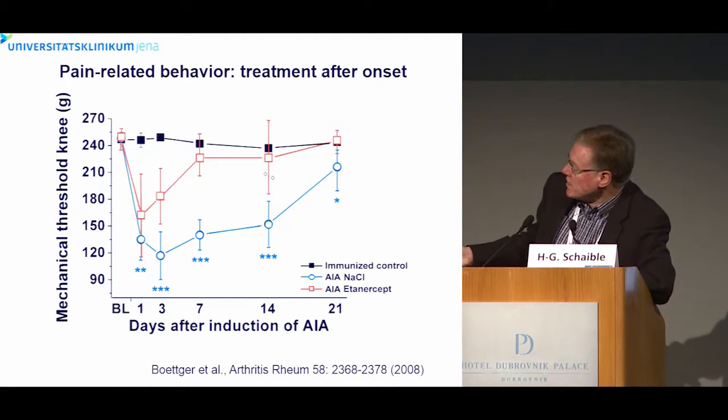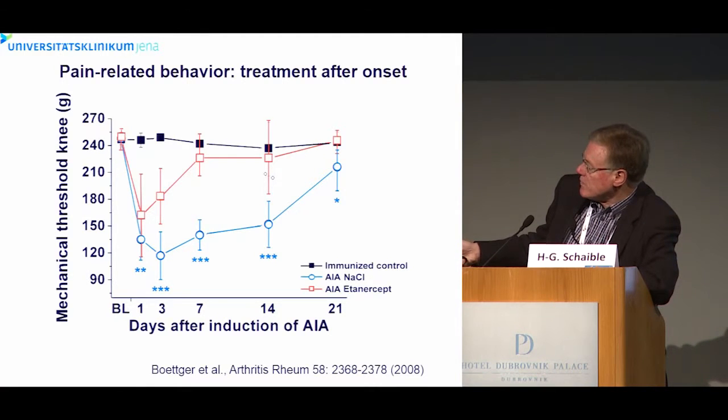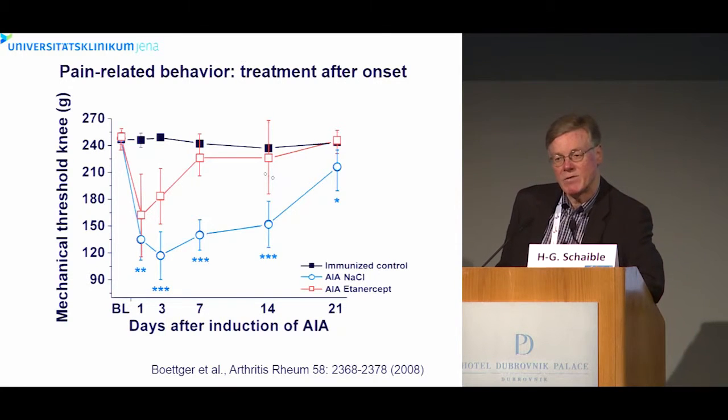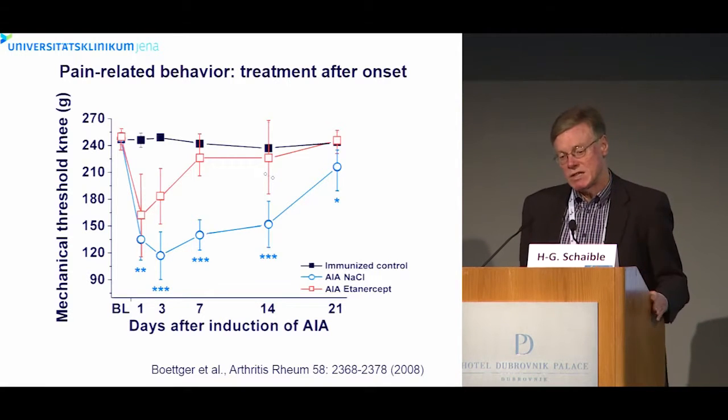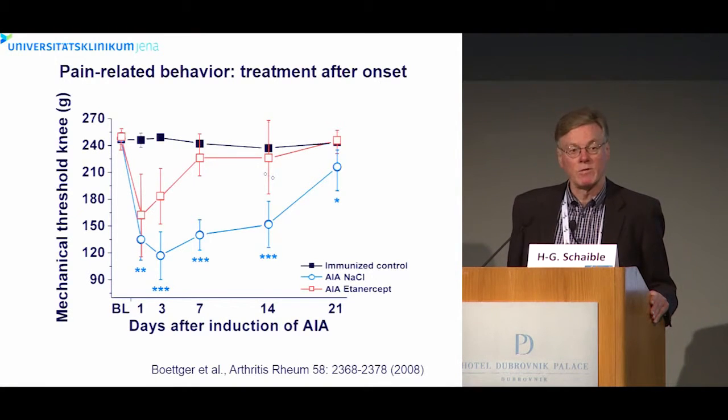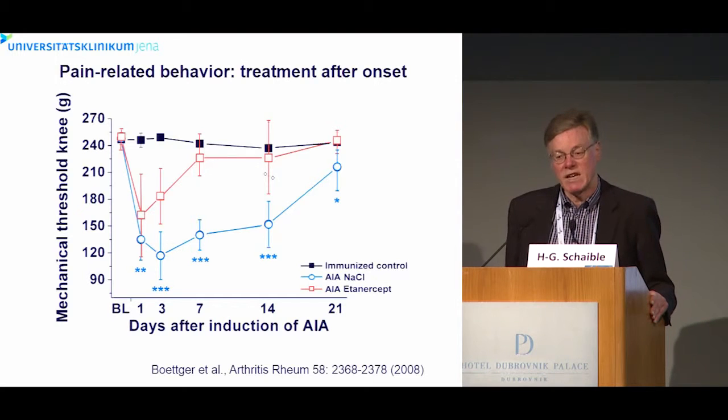And this is the effect when we apply, several times during this time, etanercept, which neutralizes TNF-alpha. And the pathologists couldn't find a difference between these joints, the treated and untreated. But you see very clearly that etanercept reduces the hyperalgesia. So I believe there is good evidence that the cytokines themselves are involved in the pain production and the pain maintenance.